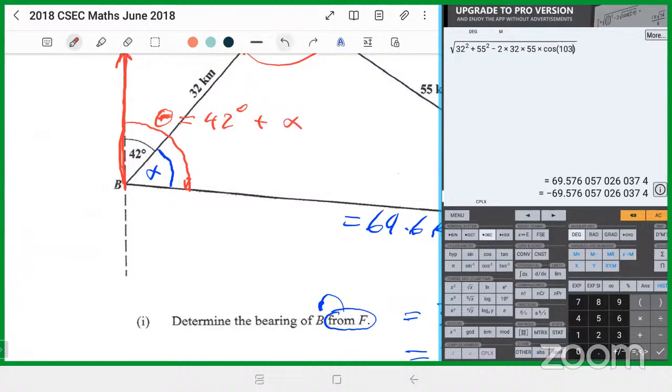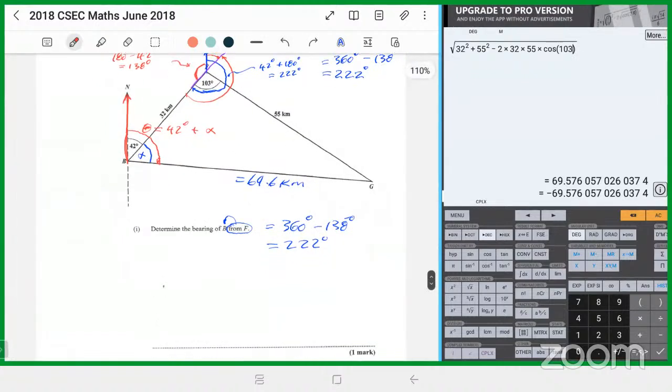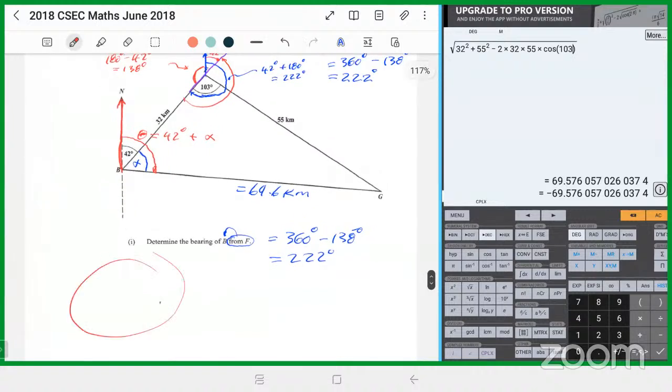We're going to find alpha in this triangle again. We can use the sine rule because we have an angle and a side opposite each other that we know, and alpha is the pair on this side. I'm going to do it on the screen right here and copy it down.